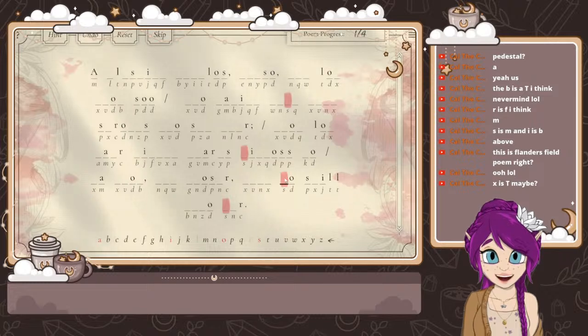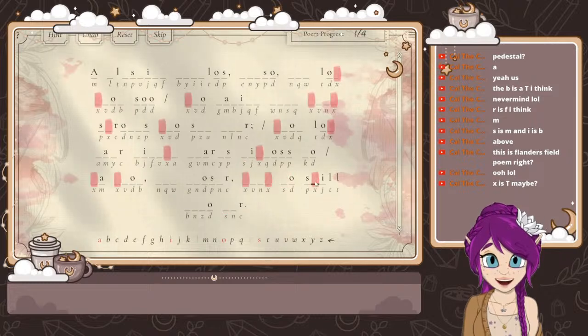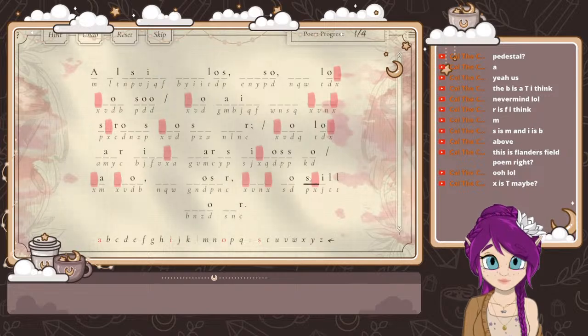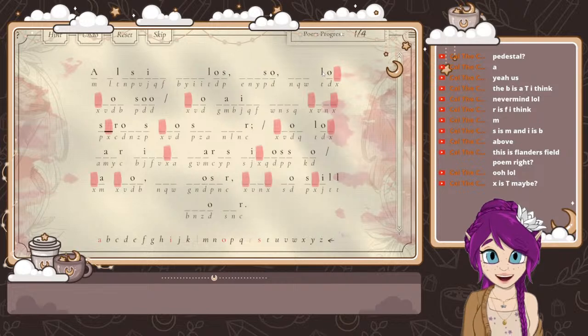Two? No? Still? Pretty sure this is still, though. X is T, maybe?